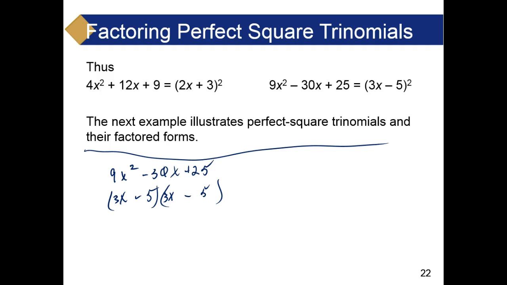These are perfect square trinomials. 3x minus 5 squared. How to check that? Square the first. 3x squared is 9x squared. Multiply these two together. Minus 15x. Double that. Minus 30x. Square the last, 25. Yes, that works.